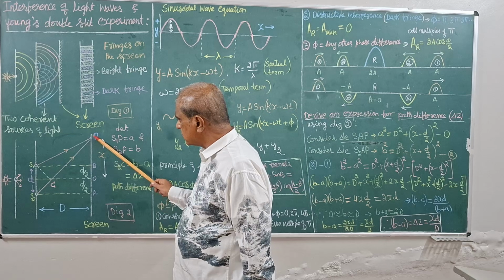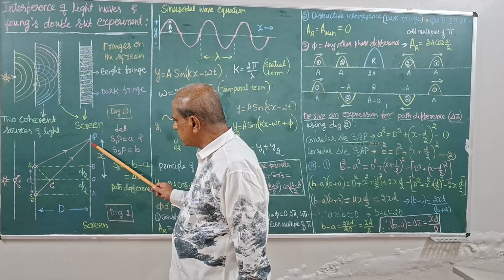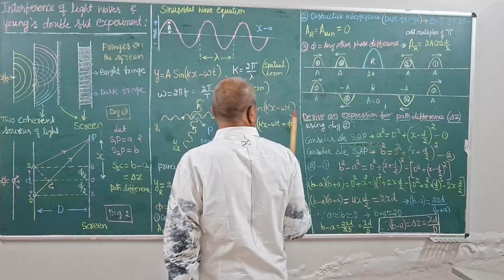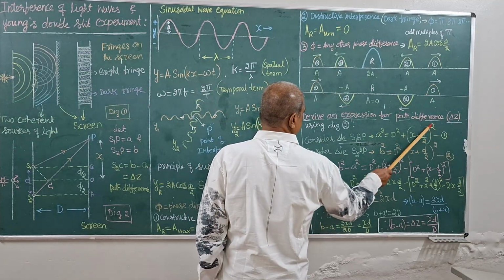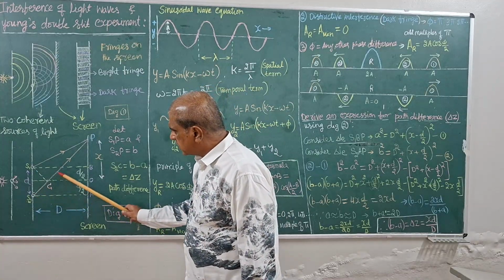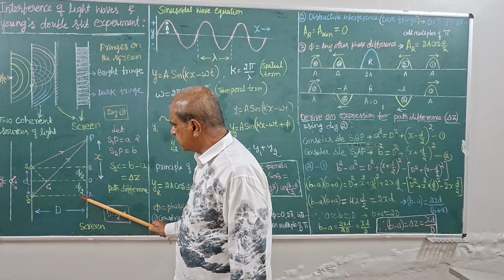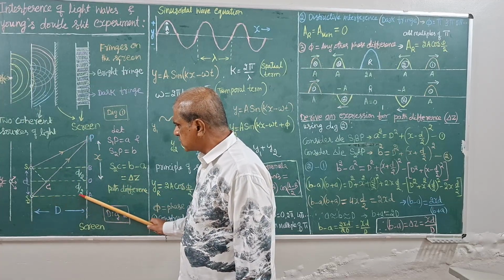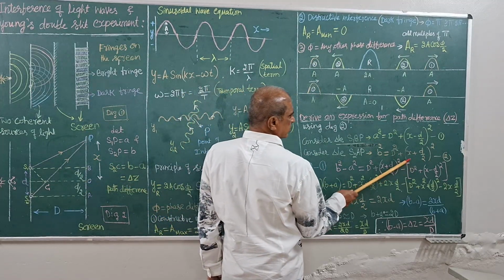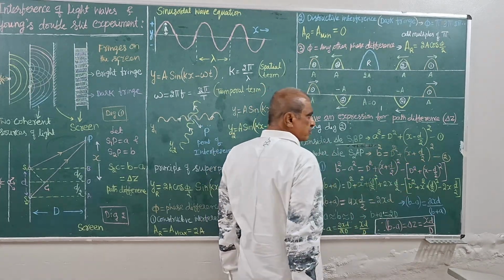Square of this side: from here to here is x, then from here to here, x minus d by 2, whole square. Similarly, in the other right angle triangle, hypotenuse square equals the square of this side, D square, plus the square of this side, x plus d by 2, whole square. These two equations you get.